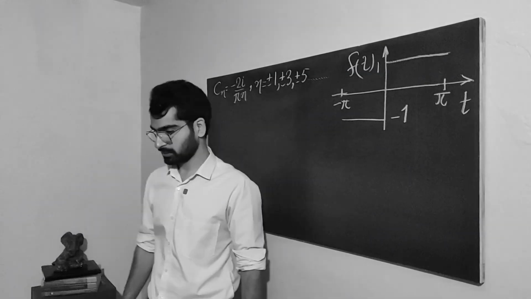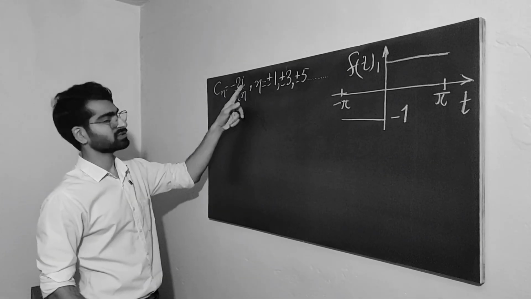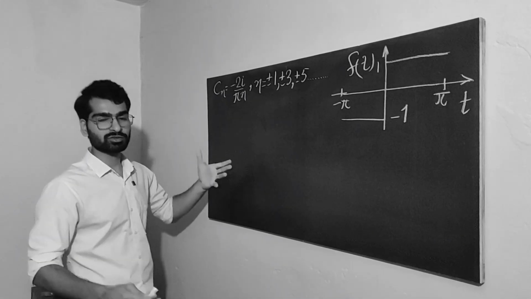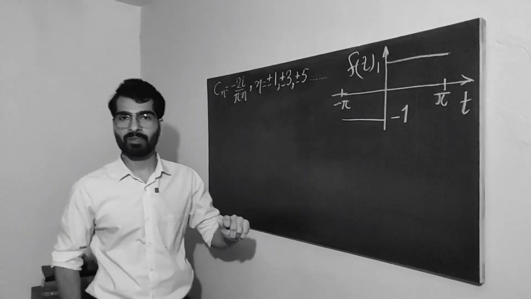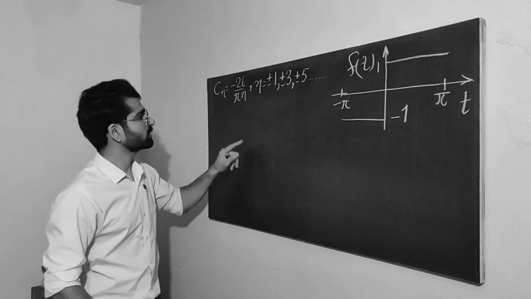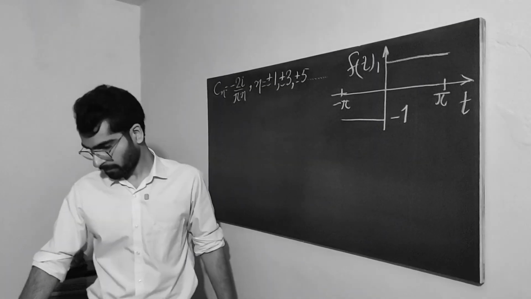Just odd frequencies. And by the way, since you see i here, the square root of minus 1, it has to do with complex numbers. The cn's are going to give you different points in the complex plane for the different values of n. That's what it does for you.